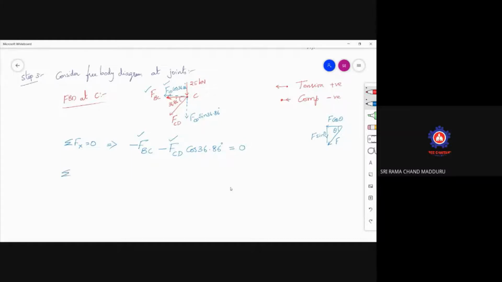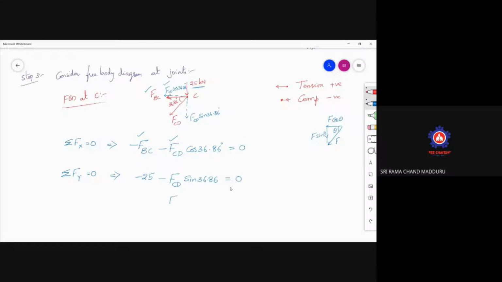Go to the next equation, sigma Fy equal to 0. What are the forces along the y direction? This is minus 25, which is acting downward. Upward is considered positive, downward is considered negative. Minus FCD sine 36.86 equal to 0.